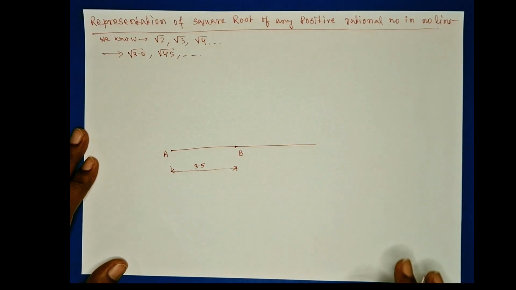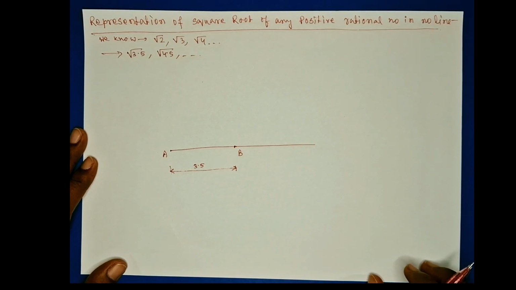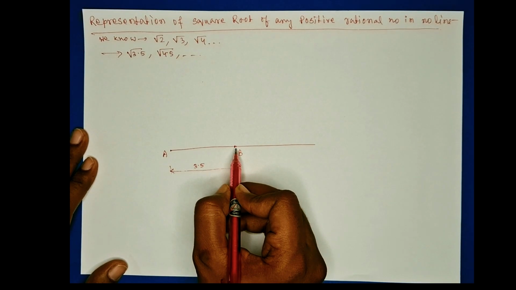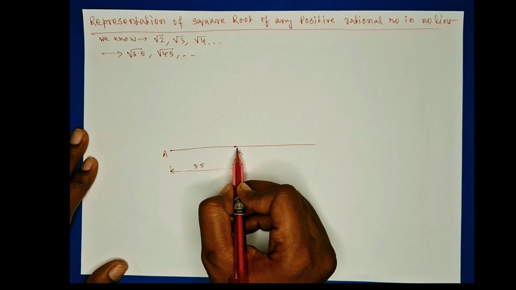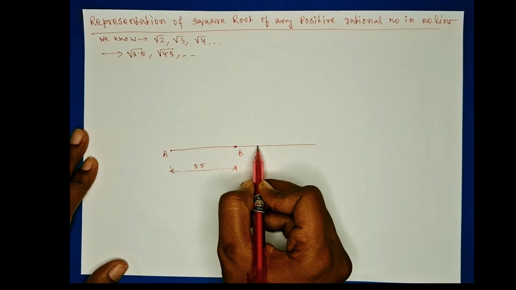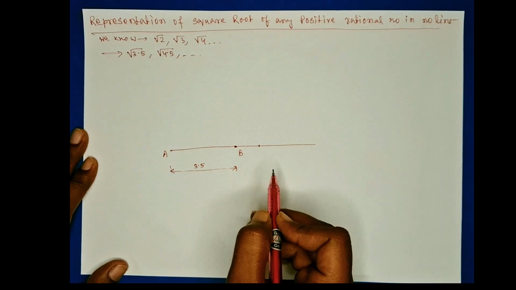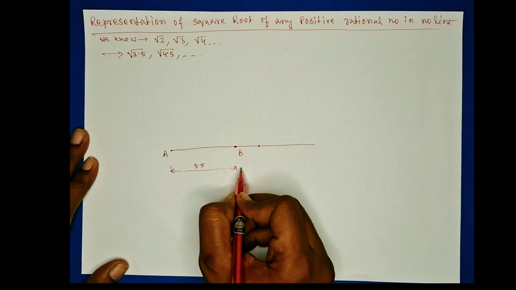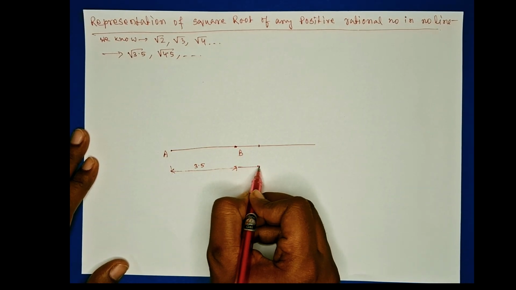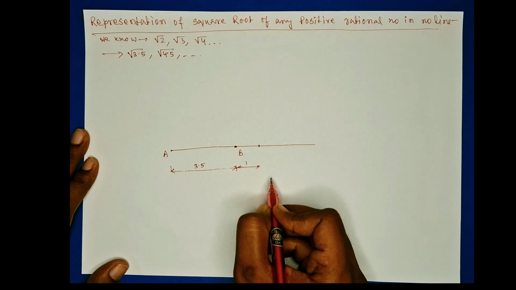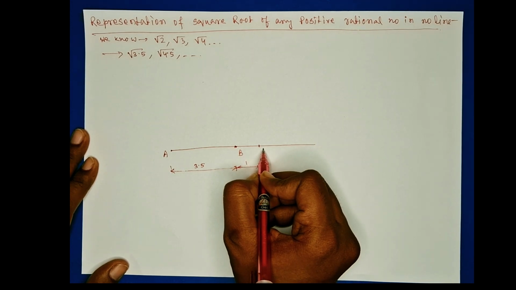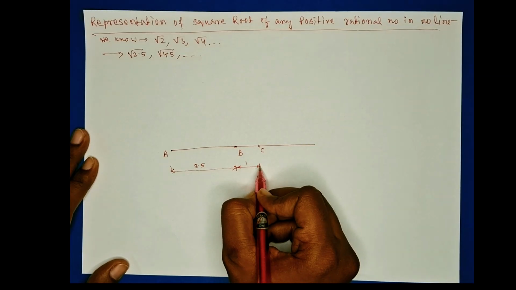Now what I have to do is, I have to take 1 unit length from point B. Please understand, I have to take 1 unit length from point B. That is, this is equal to 1 unit. And let me name it as point C.